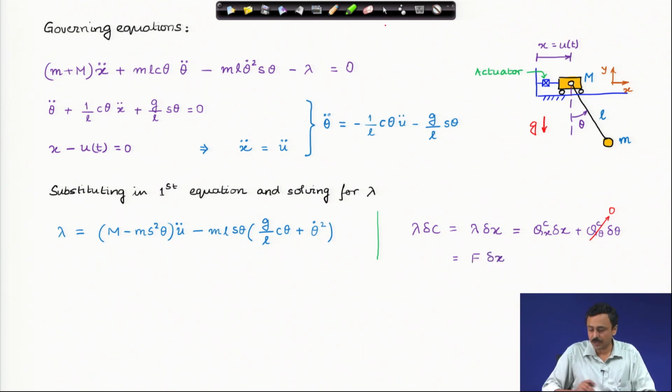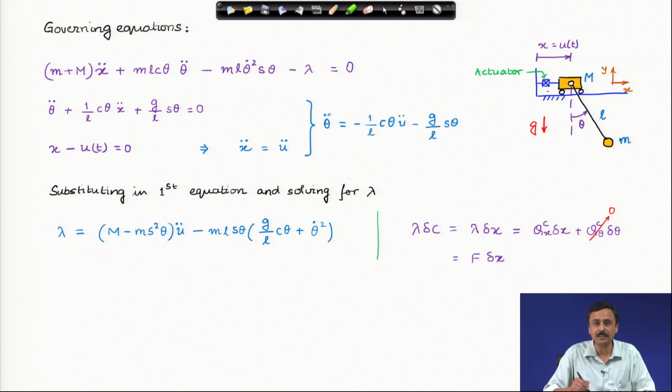Okay, done this far. Now, who is doing this work? Let us ask this question, who is doing the work? When I break the constraint, what is the constraint force? We have broken the constraint means what? We have kind of removed the actuator, and who is doing that work? The actuator force, of course. The actuator force is doing the work.